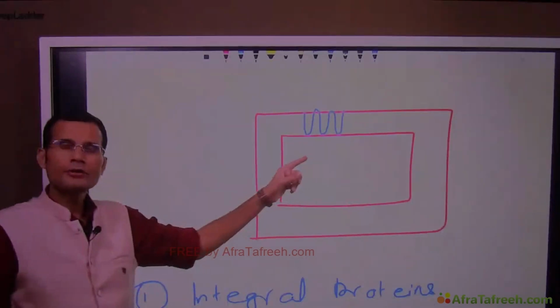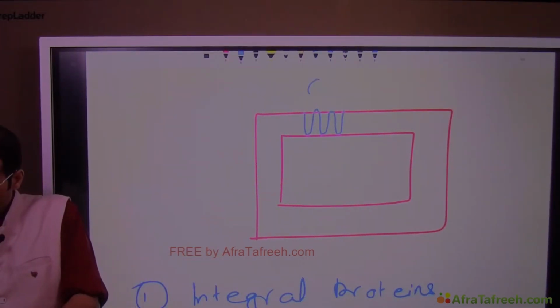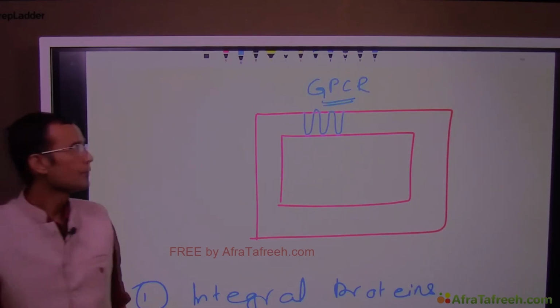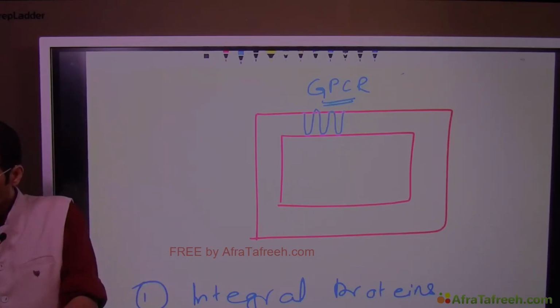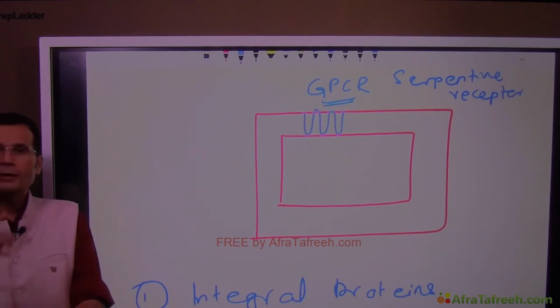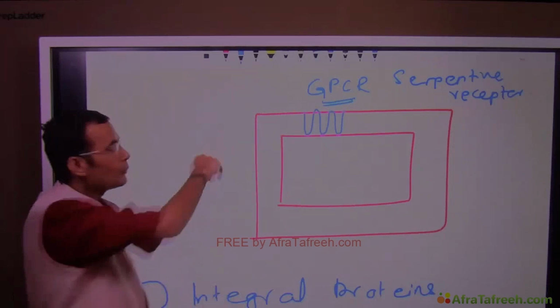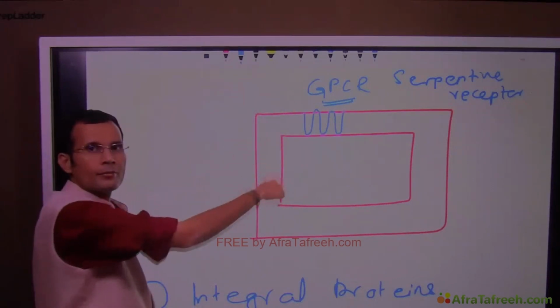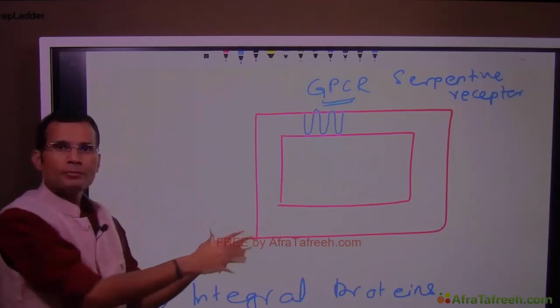Can you just guess which this protein is? Yes, it is G protein coupled receptor. G protein coupled receptor is also called as serpentine receptor, because you see how it's located in the membrane, like a snake, like a serpentine position.